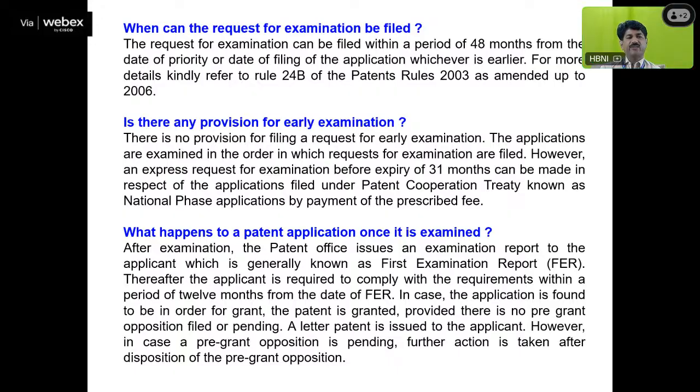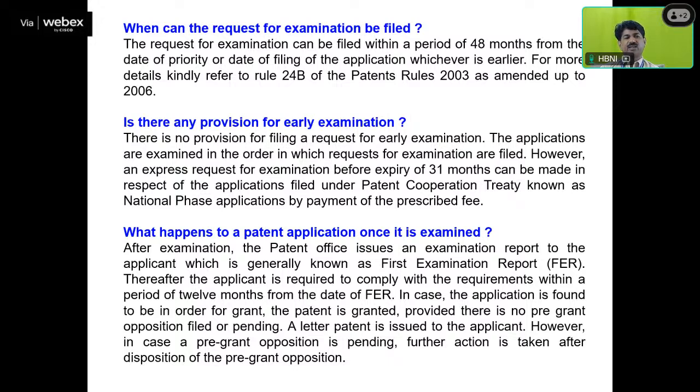So when can the request for examination be filed? I told that without an examination request, the patent will not be granted. The request for examination can be filed within a period of 48 months from the date of priority or date of filing the application, whichever is earlier.